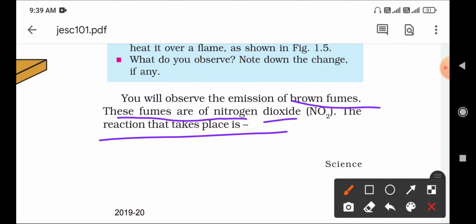You can write: when lead nitrate is heated, there is emission of brown fumes. These fumes are of nitrogen dioxide. So when lead nitrate is heated, it releases the brown fumes of nitrogen dioxide.